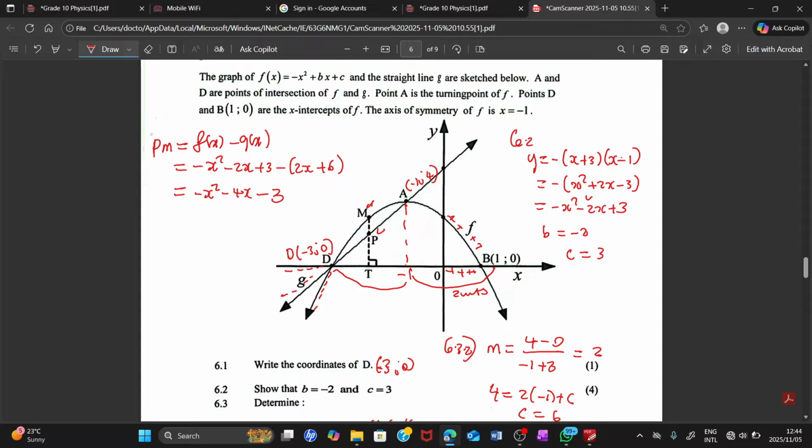That is the graph that we are having. And the moment you have that, you find your turning point. You say x is equal to minus b over 2a, which is minus 4 over 2 into minus 1. So here it will be minus 2. After doing that, you go to PM. PM is equal to minus (minus 2) squared minus 4 into minus 2 minus 3. You press your calculator. What are we going to have, class? 1 unit.